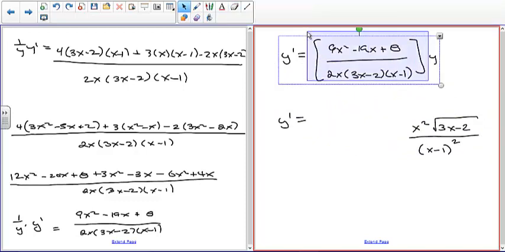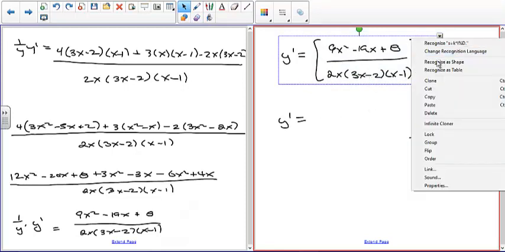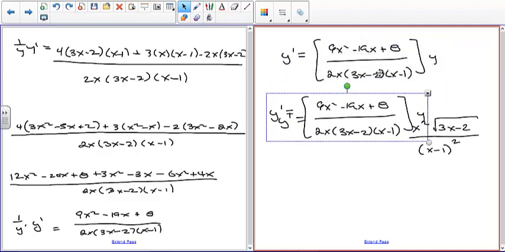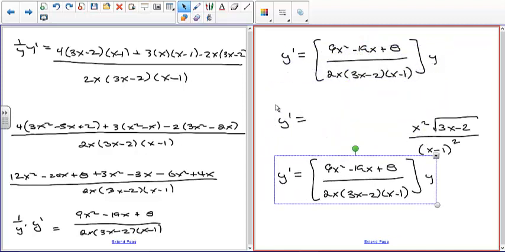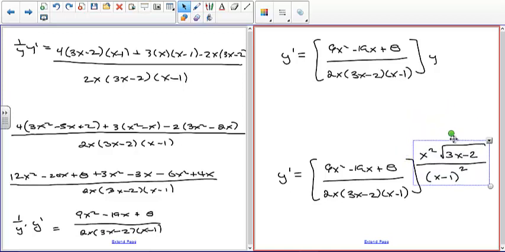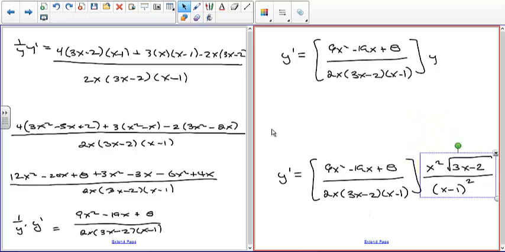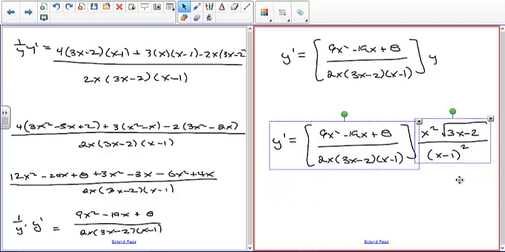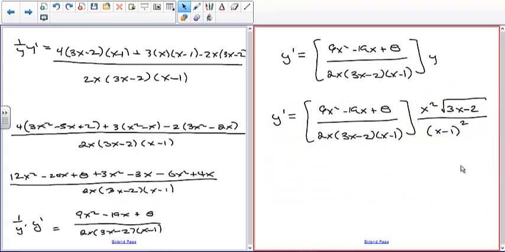I'm going to take this. Actually, what I'm going to do is, I'm going to clone that. I'm trying to write as little as possible. So that goes to delete, and this gets deleted, and this gets pulled down, and you get that. Okay. So if you multiply by y with the y substituted, you get that expression.